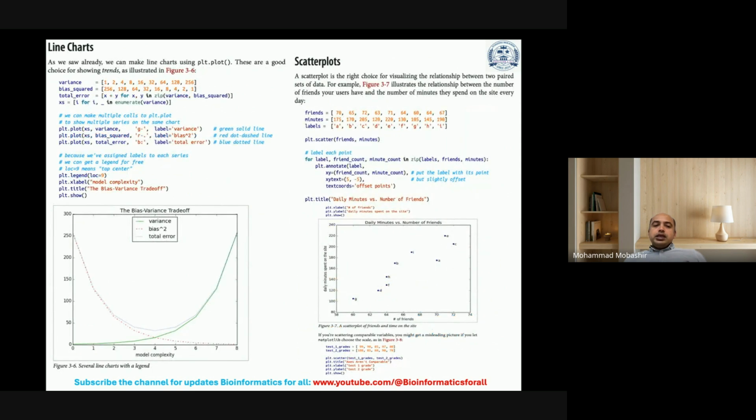Then this is another way of plotting a line, dashed line or continuous line with different colors. If you are familiar with coding, it is simple to plot the data in any coding program. Then it comes to a scatter plot, which is very useful, and mostly data scientists need to plot it.